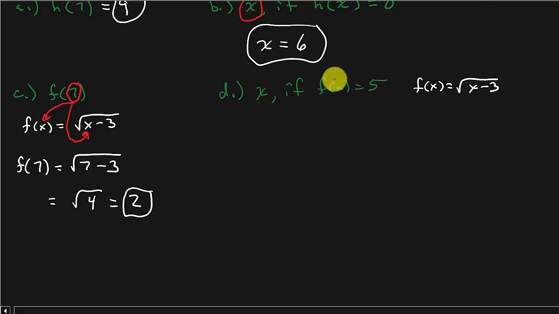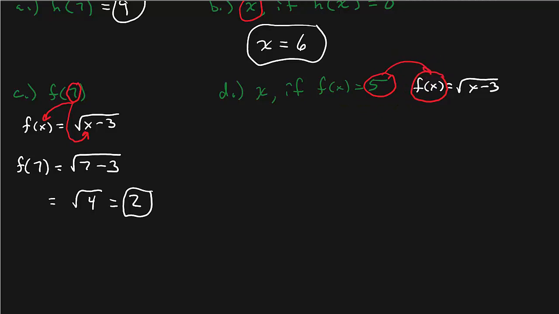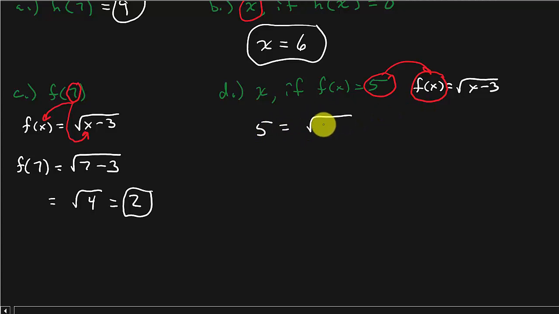So f of x is equal to 5. So I'm going to replace this f of x with 5. See, it's telling me f of x is 5, so I'm just going to replace it. So that's 5 equals square root of x minus 3. And then I just solve for x.